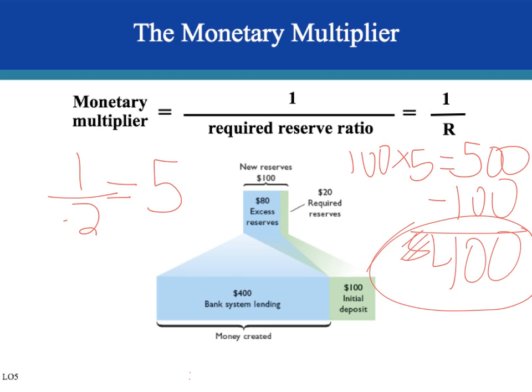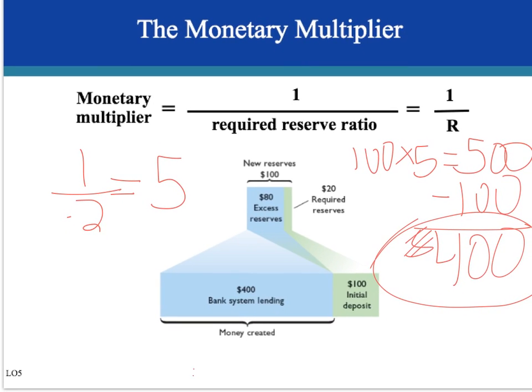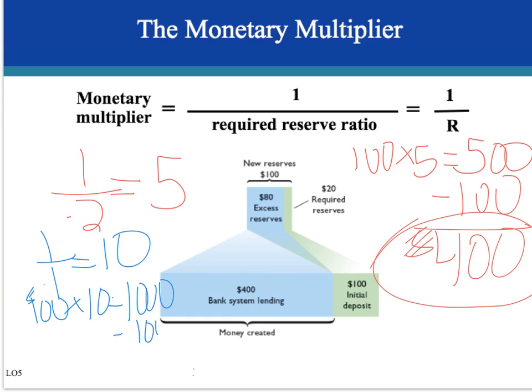Now, if the reserve ratio was lower, let's say it was 0.1, then the money creation potential is even higher. The money multiplier would be 10. So the initial $100 would create a potential $900.